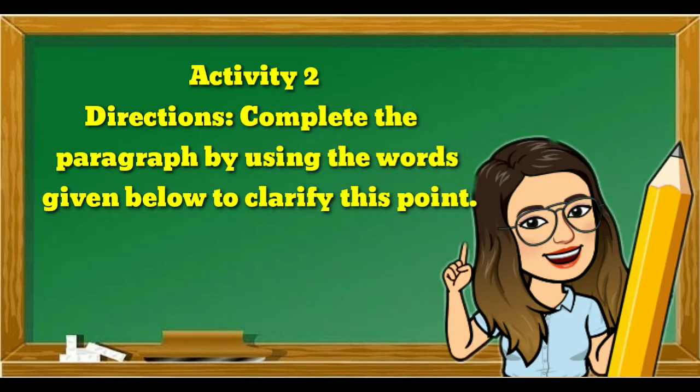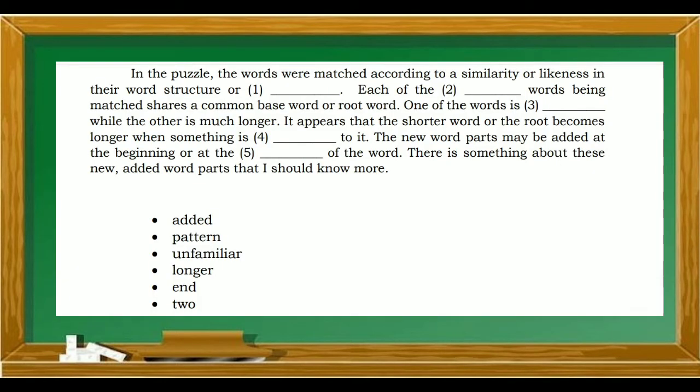Now for Activity 2, complete the paragraph by using the words given below to clarify this point. Let us read. In the puzzle, the words were matched according to a similarity or likeness in their word structure or blank. Each of the blank words being matched shares a common base word or a root word.